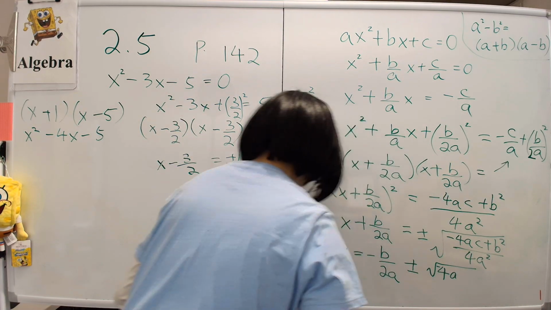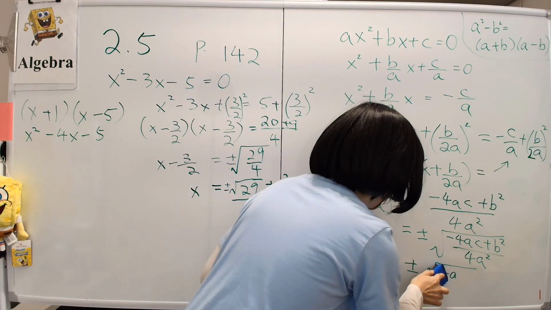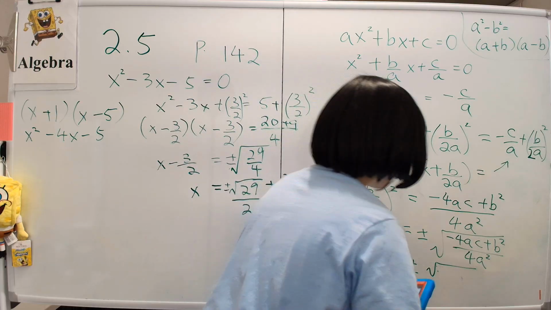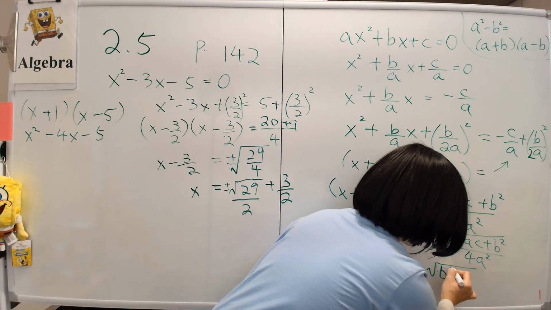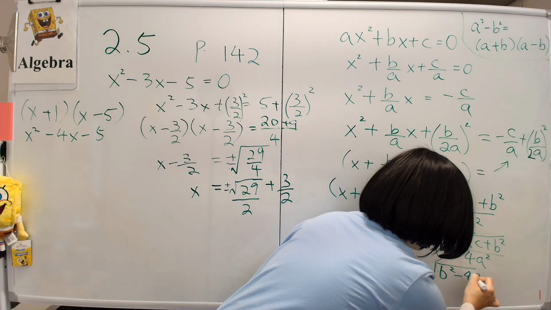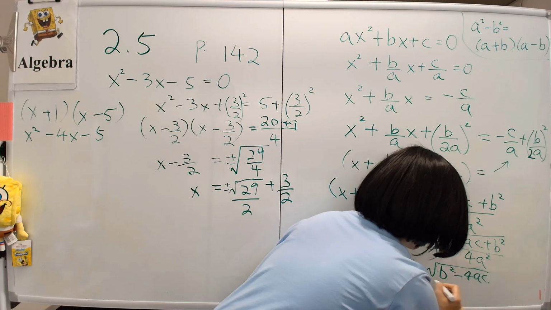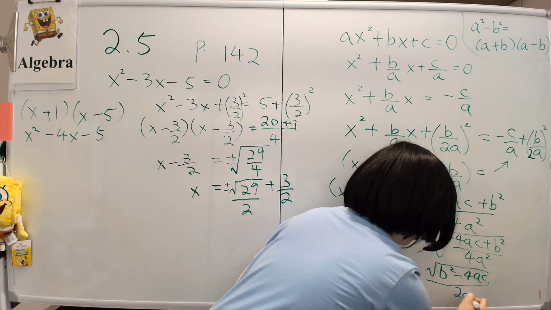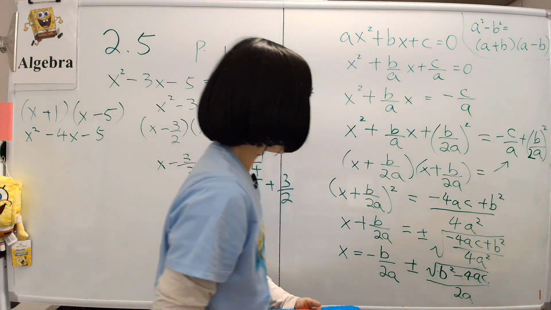I'll write it the other direction. Okay, we'll write b squared first. So b squared minus 4ac, and divided by, we'll take the square root of this, which also is 2a. We have a plus or minus sign there, so it's all good.